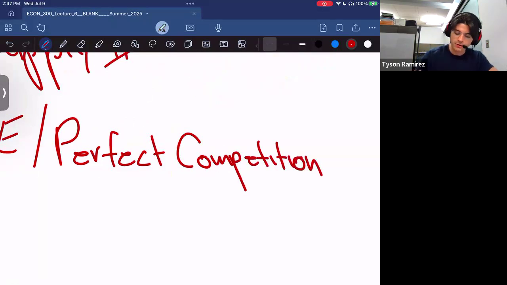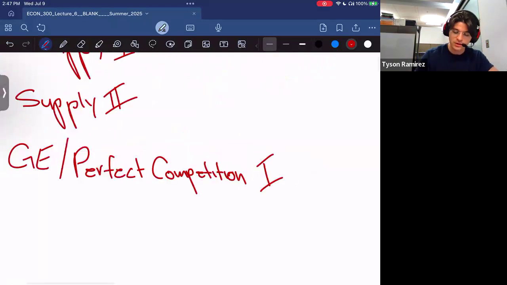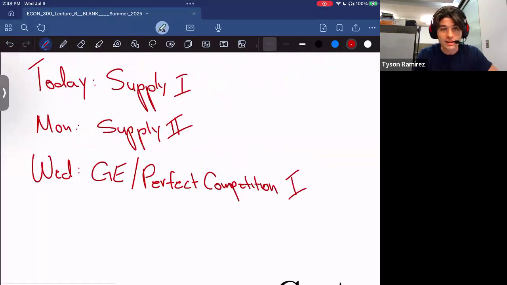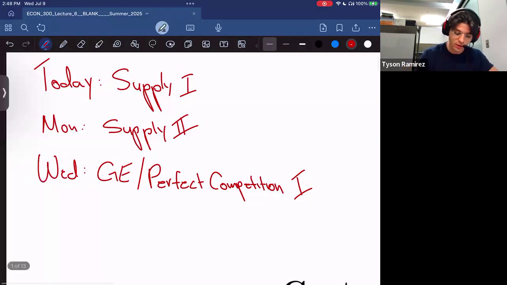So we'll be staying in the perfect competition world, which is where everything works out the easiest and we see the nicest results. The results are the easiest to work with and very, very similar to what you saw in your first principles of micro class.